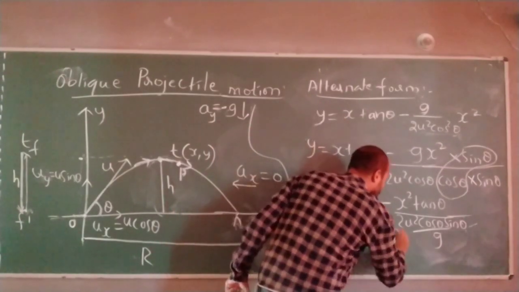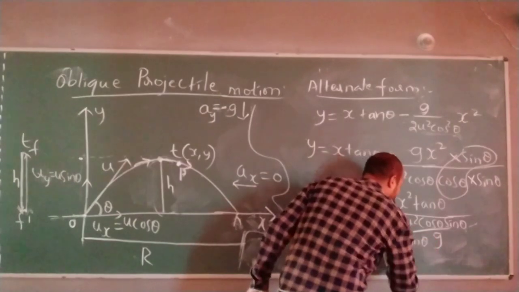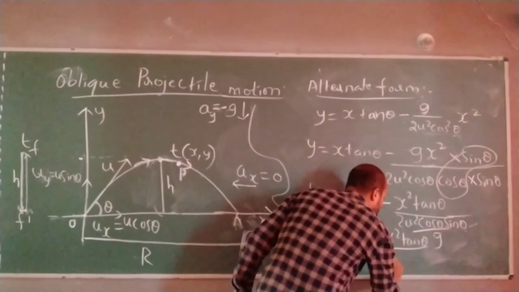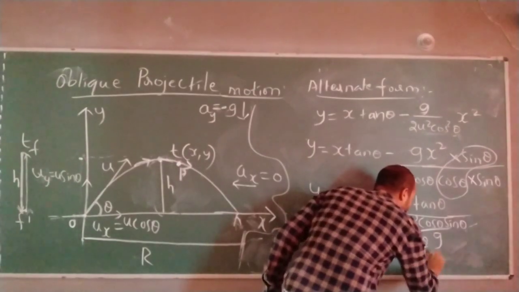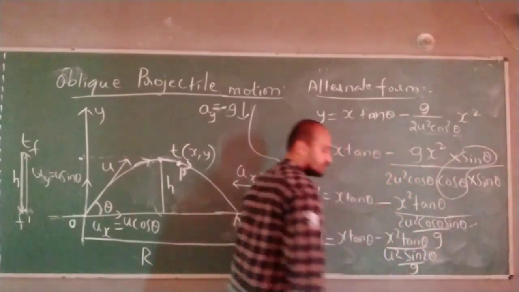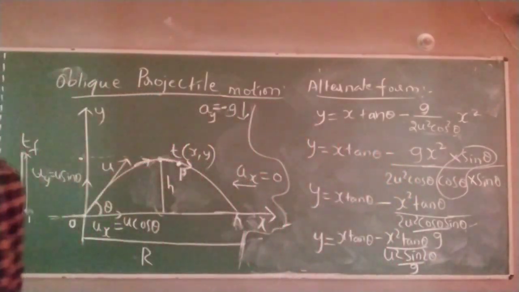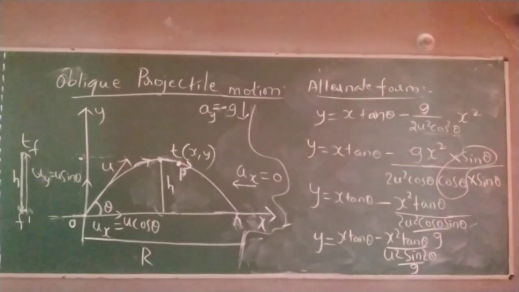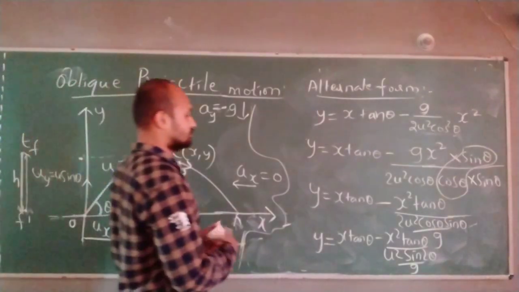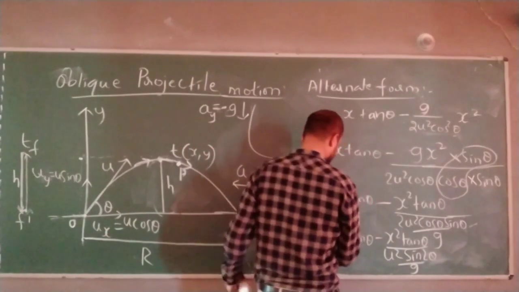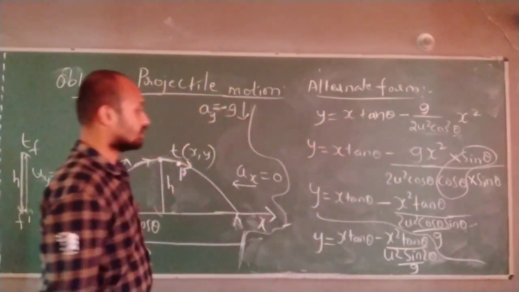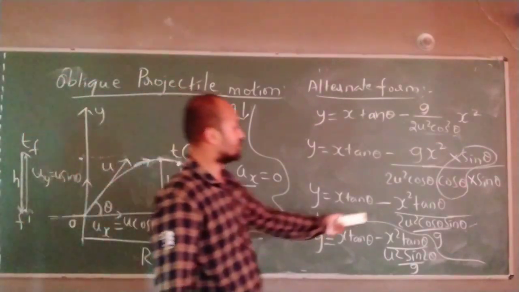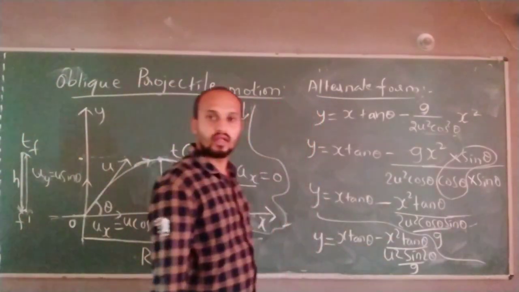Minus x square tan theta divided by u square sin 2 theta by g. Correct, no? u square sin 2 theta by g. Yes or no?